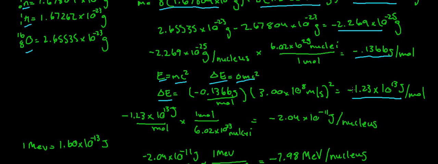So already right there, that is a number much, much larger than anything we have ever seen in a chemical reaction before. Even the most exothermic reaction is not even close to this. So the reason we don't care about the change in masses in chemical equations is not because there is no change in mass. There is, but it's so small that it's not even worth noticing.